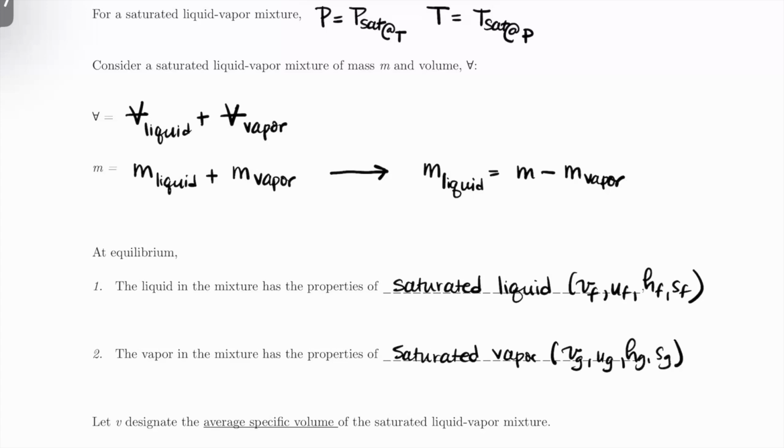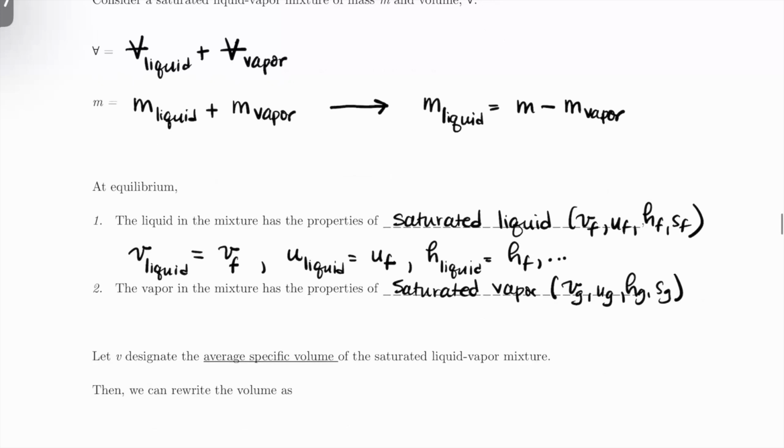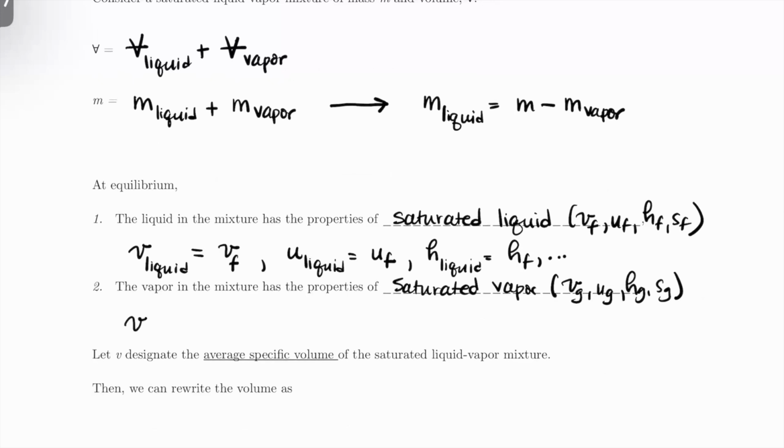Okay. What this means is that the specific volume of the liquid is equivalent to VF. The internal energy of the liquid part of this mixture is equal to UF. H, the enthalpy of the liquid portion is equal to HF, and so on and so forth. And then the same thing for the vapor. So the specific volume of the vapor is equal to VG, and so on and so forth.